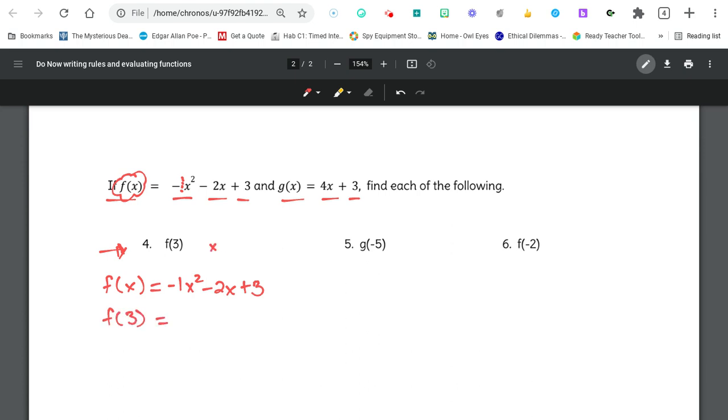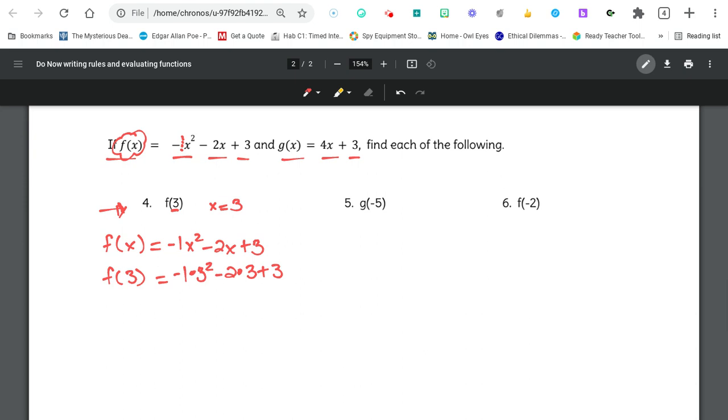So I just replace x with what's in the parentheses. What's in parentheses is 3. So every x I see, I replace it with 3. And then I just follow PEMDAS, or order of operations. So I'm going to take care of my exponent first. 3 squared is 9. Then I can take care of multiplication from left to right.